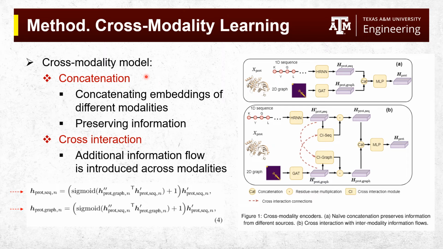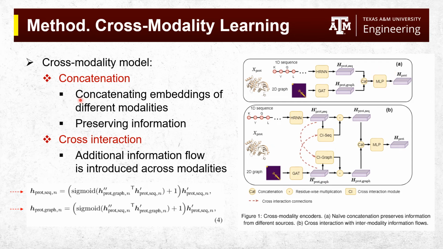Beyond the individual modality models, we also have the combined multimodality model, named the cross-modality model. One way for the cross-modality model is concatenation, which simply concatenates the different modality outputs as a joint vector and then feeds it into a multi-layer perceptron.